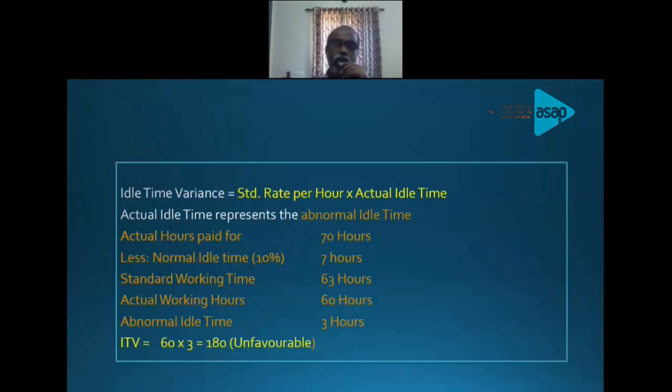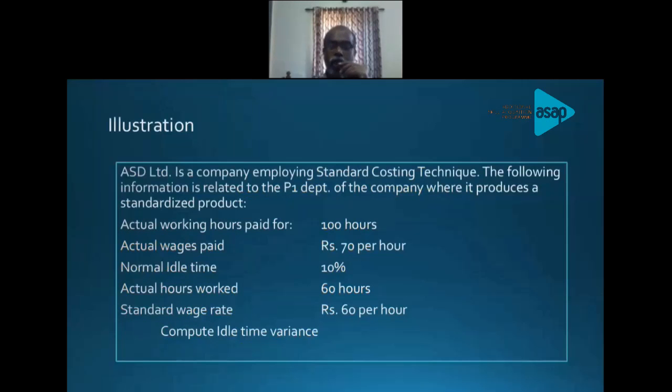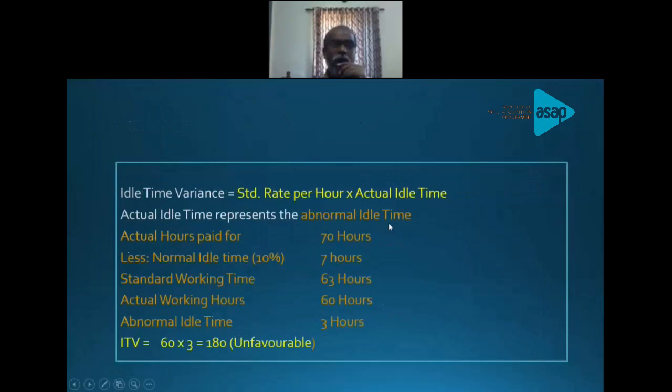The standard rate of wages is given in the question. It is 60 per hour. You please make a correction in actual working hours paid for. It is not 100 hours, it is 70 hours. Normal idle time is 10% of 70, that is 7.